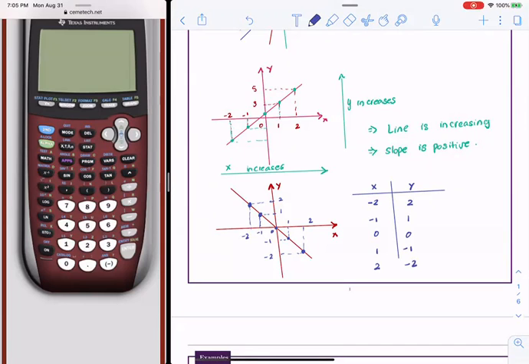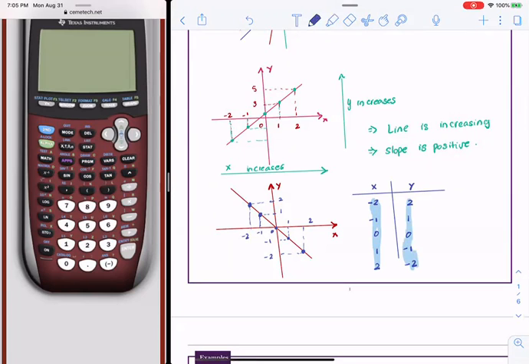So if you look at our table, x is increasing over here, goes from -2 all the way up to +2, but y behaves in the reverse manner, starts at 2, and it's going toward -2.